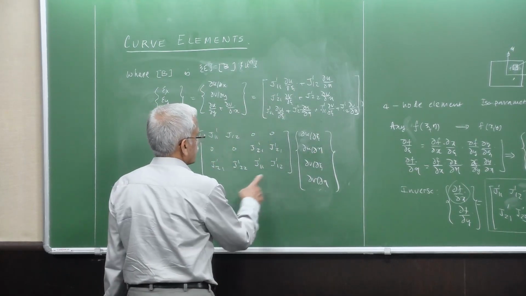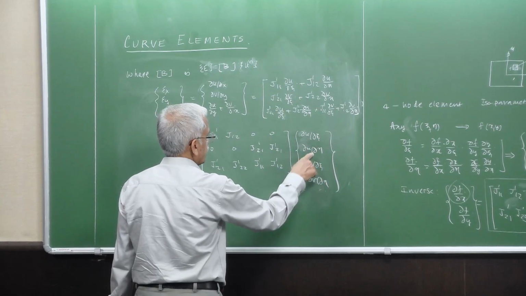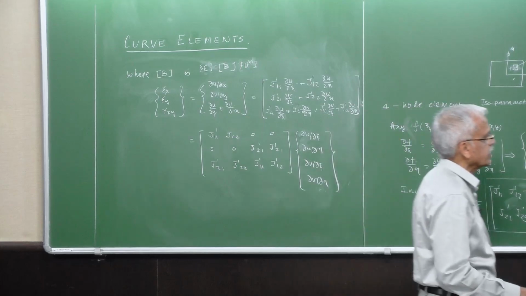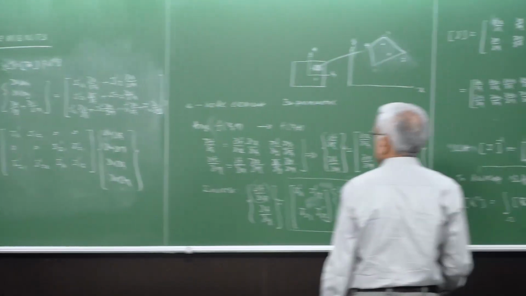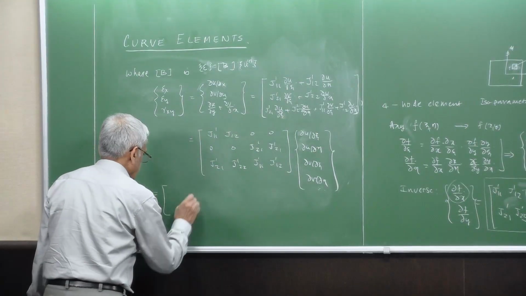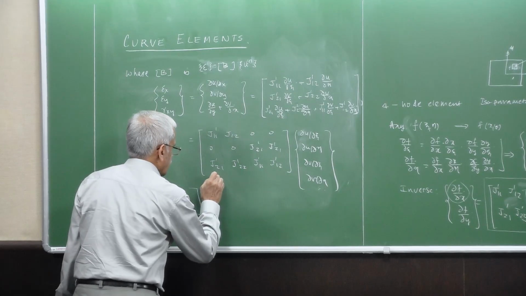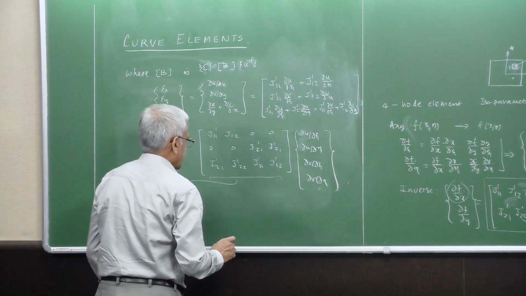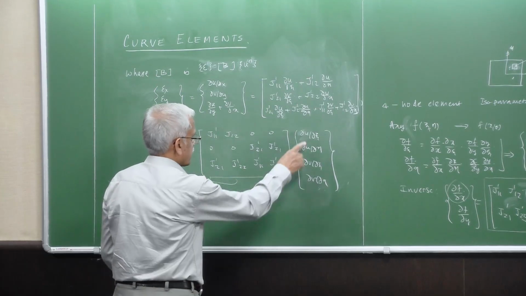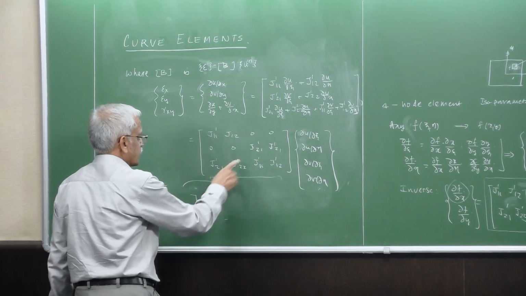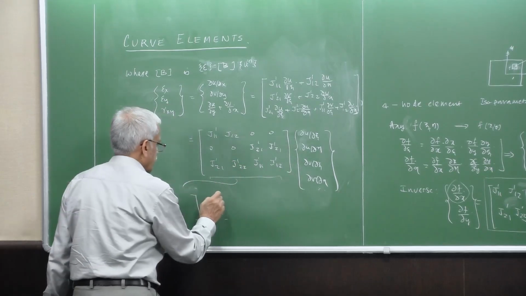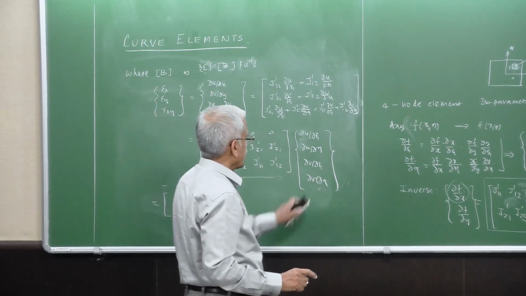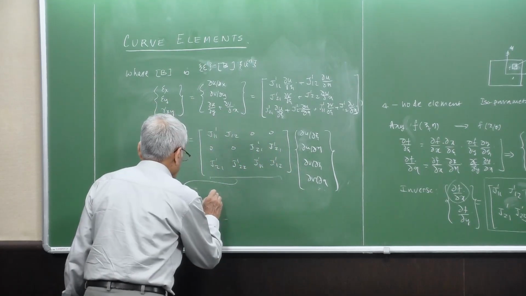What we have are the derivatives of u and v with respect to xi and eta, right? So that's what we have to write here, this one, and then here we have to write this one. And what is this one? Dou u with dou xi and dou u with dou eta and so on.